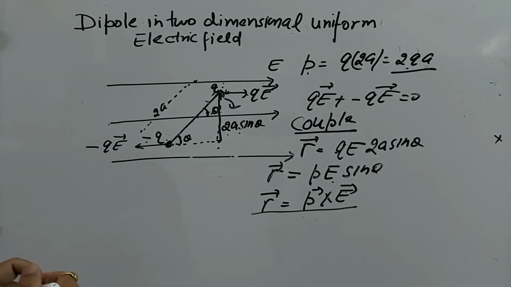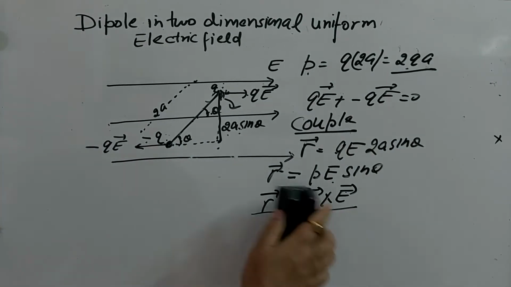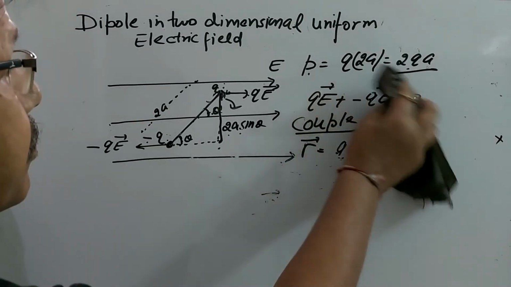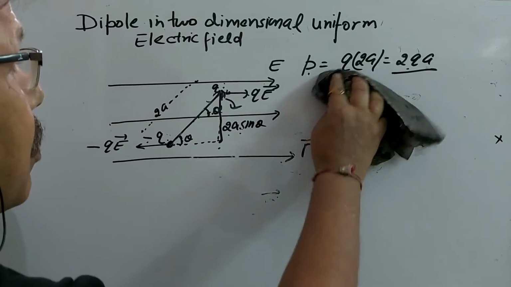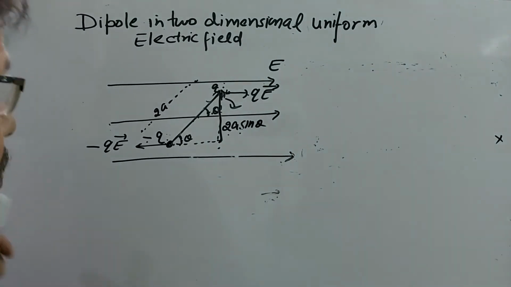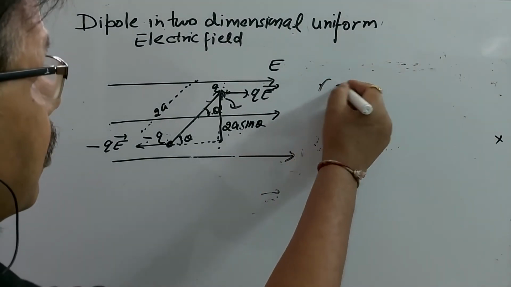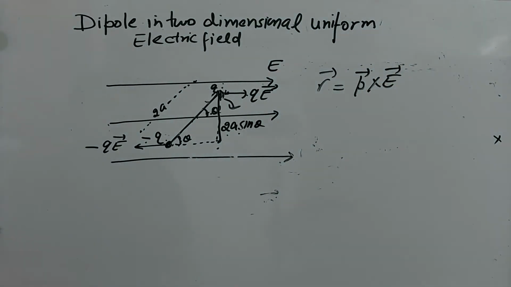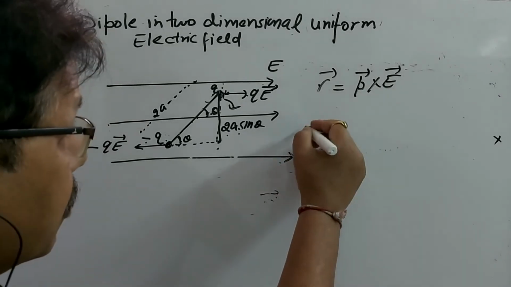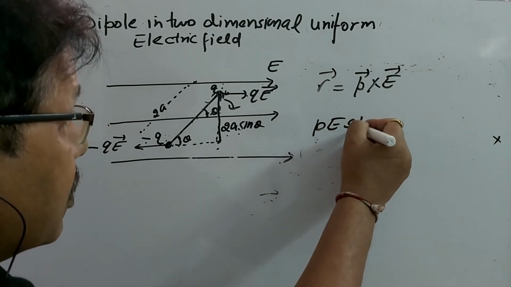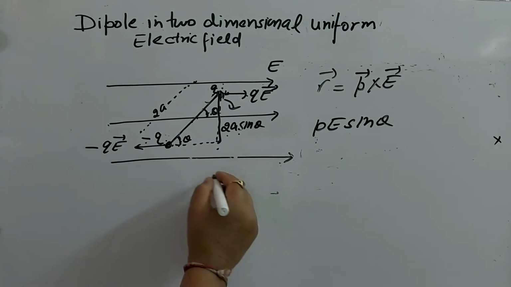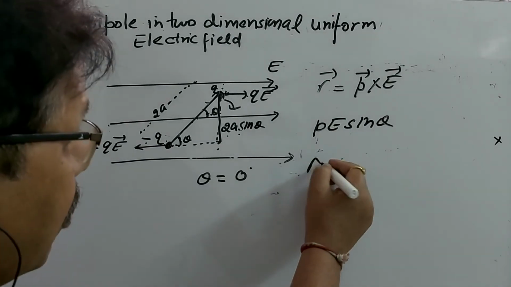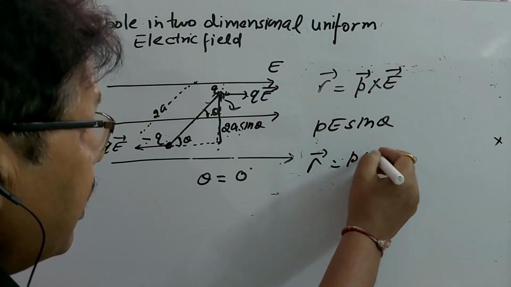Now special cases we are to study. In first case, suppose this angle between them, now we can say the torque acting on this is equal to p cross E. Now this is pE sine theta. If in first case we consider theta is equal to 0 degree, then this torque will be equal to pE sine 0.